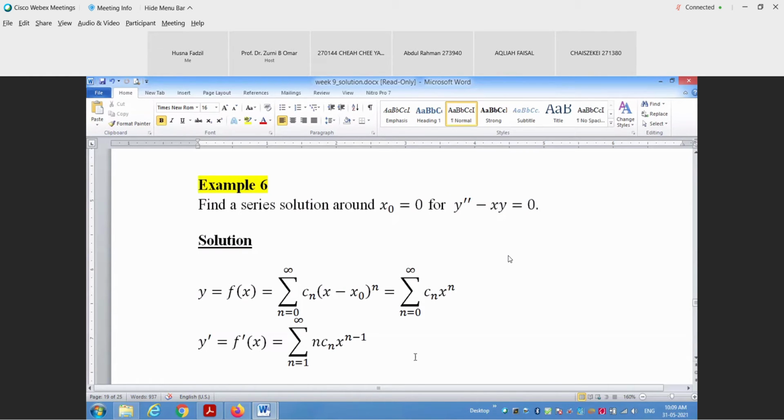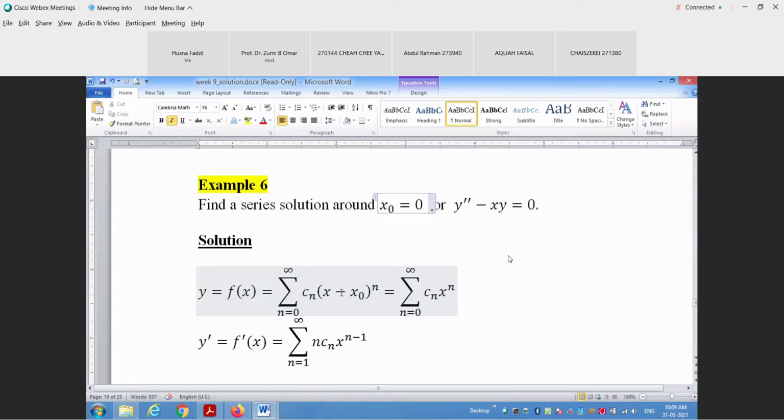We assume the solution will be in this series form, summation of Cn times x minus x naught to the power of n. Because x naught is equal to 0, it reduces to summation n from 0 to infinity of Cn x to the power of n.